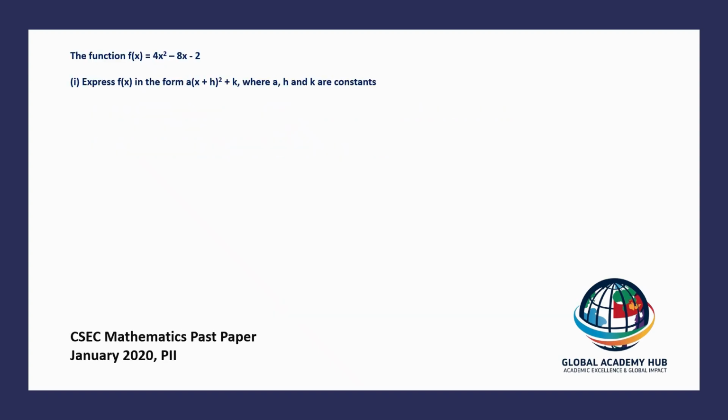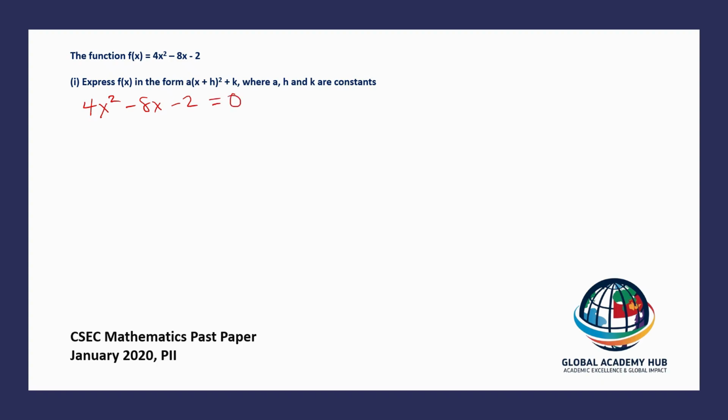Okay, so what we're going to do here is complete the square to get it in the form a(x + h)² + k. So the first thing we're going to do is rewrite the problem as we have it. So we have 4x² − 8x − 2 is equal to 0.